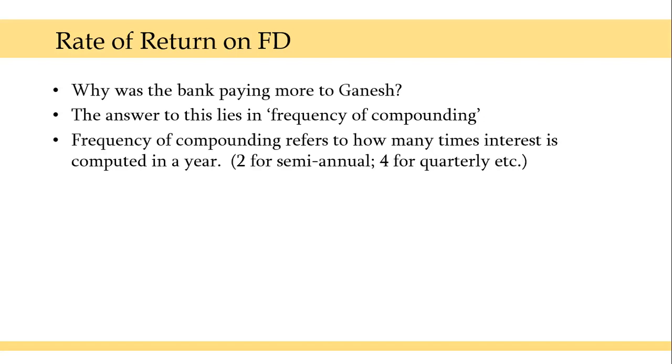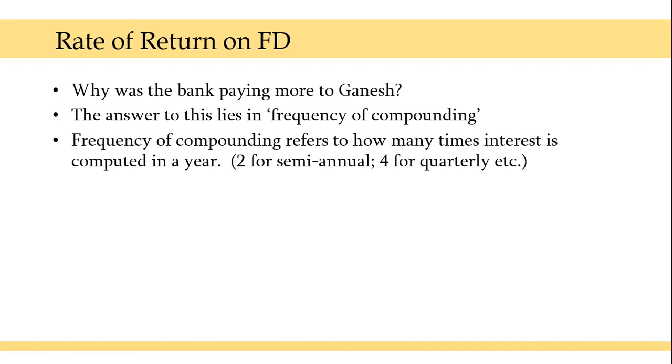Now, what does that mean? Frequency of compounding refers to how many times interest is computed in a year. So if it is semi-annual compounding, frequency is 2, and if it is quarterly compounding, frequency is 4. That means if you are investing an amount for a 1-year period, your first interest calculation will be done at the end of 6 months for a semi-annual compounding.